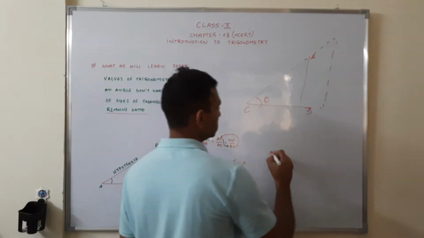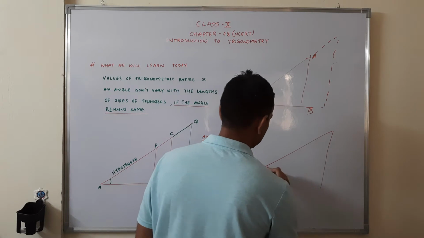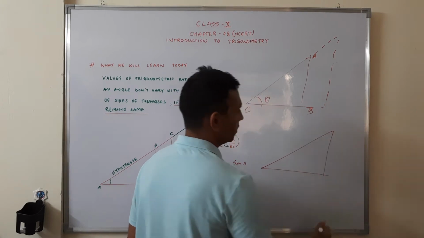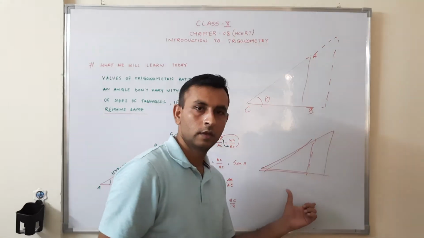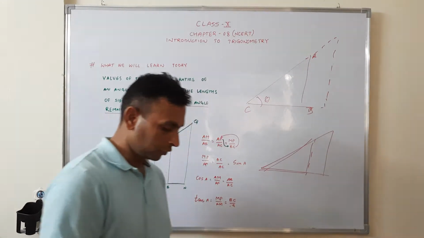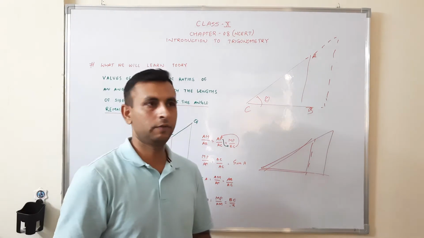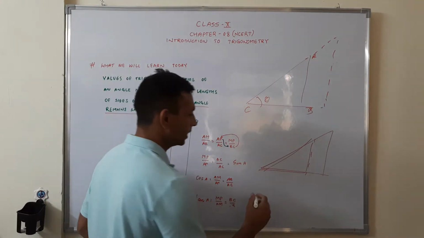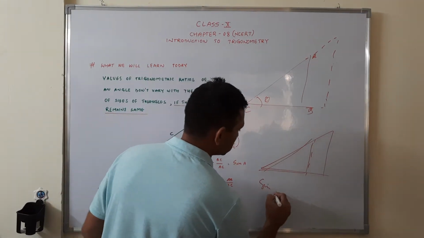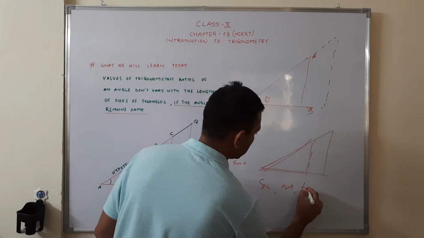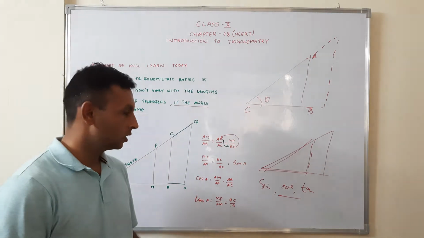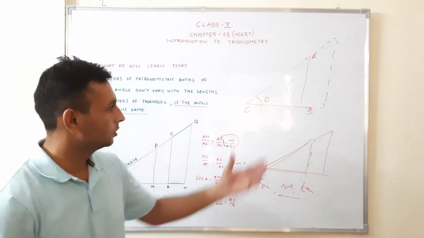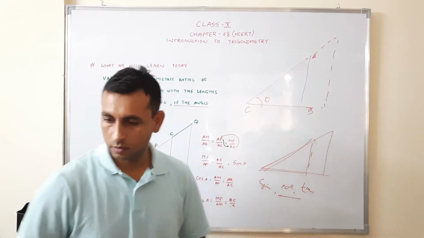Another student says, I want to decrease the length of the triangle. What will be the ratio? For this we need to establish the relation between these three functions, that is sin, cos and tan. We need to establish the relation between all three, to see what the ratios would look like.